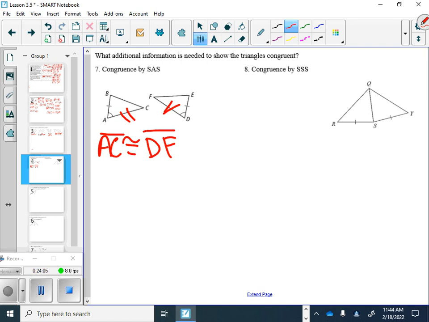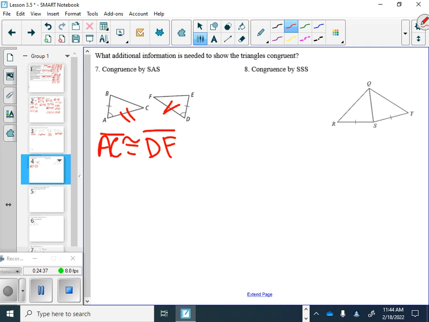Alright, number 8. I want these triangles to be congruent by side, side, side. And this is what I was just mentioning. It looks like 2 pieces are missing, but one of them is quote-unquote obvious, and one of them is not so obvious, and that not obvious one is your answer. So which sides do I need to be congruent to each other? QY and QR. There you go.